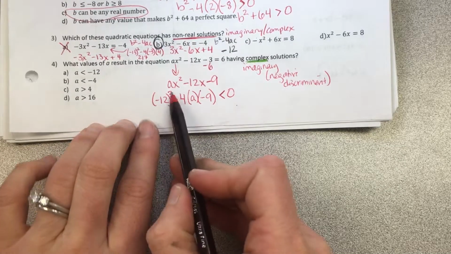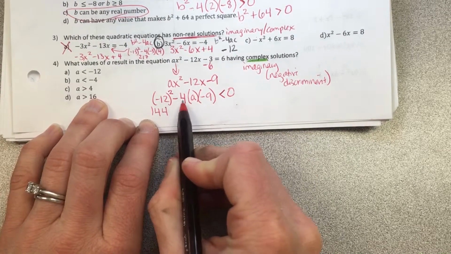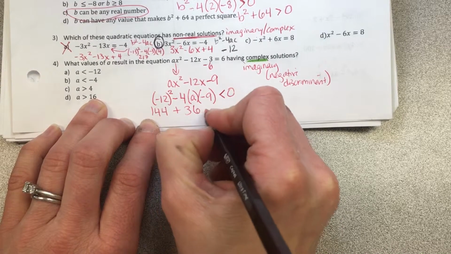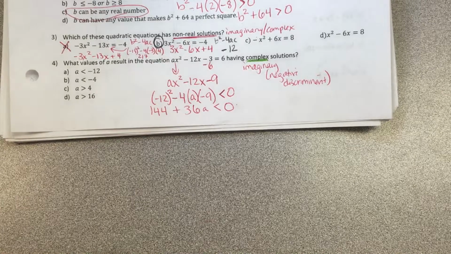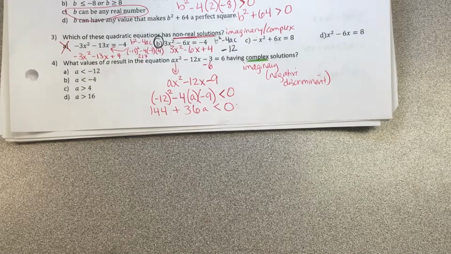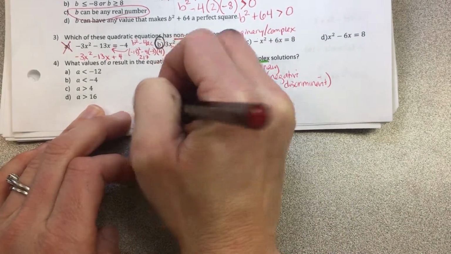All right, what's negative 12 squared? 144. What's negative 4 times negative 9? 36. Good. And you put an a with it, less than 0. All right, we have to solve that for a. What number do you think we're going to move to the other side? 144. How do you move 144 to the other side? Subtract it. So those cancel out.